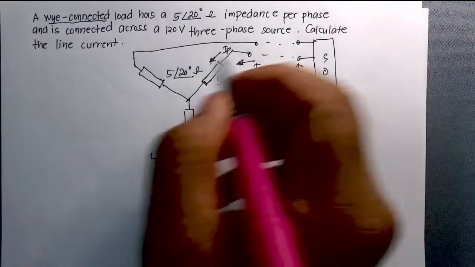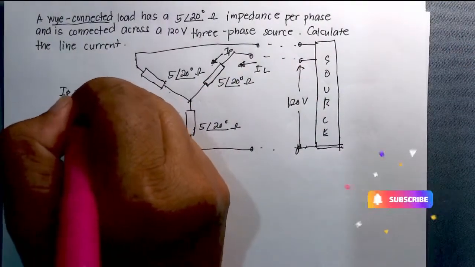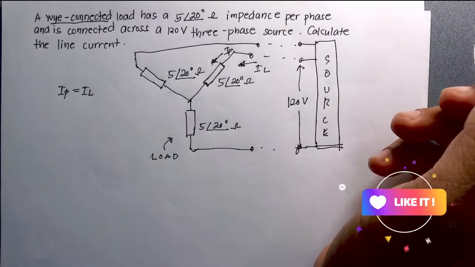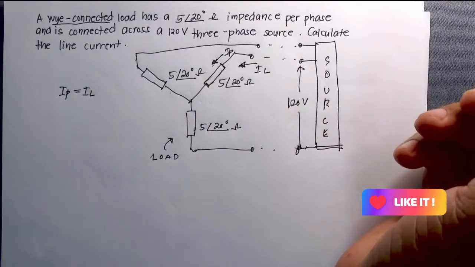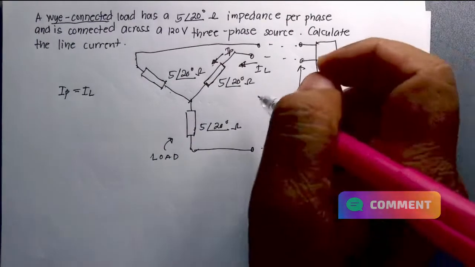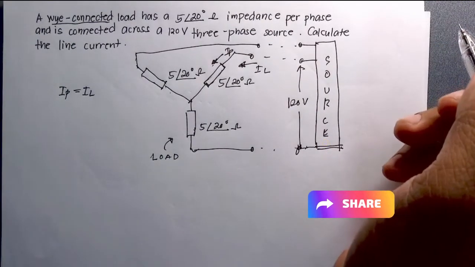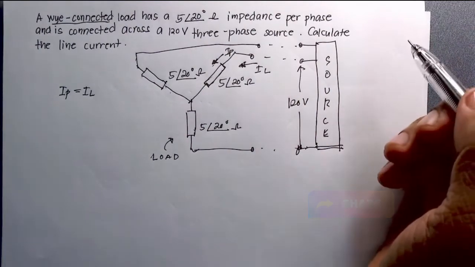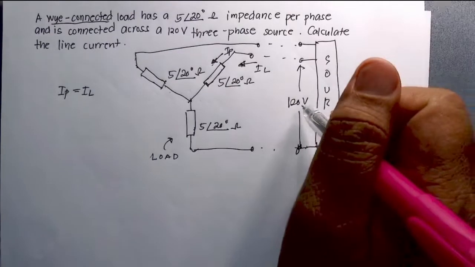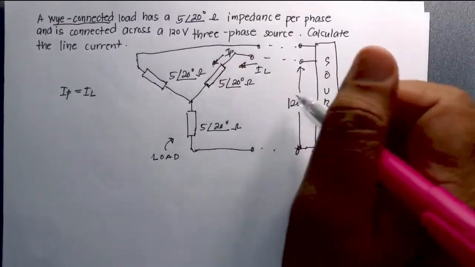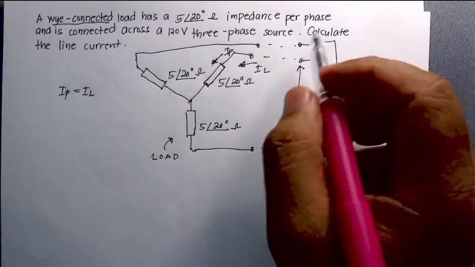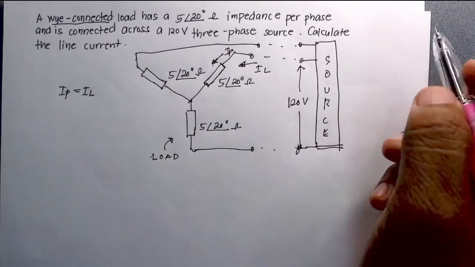So IP is equal to IL here. What makes it different is the voltage. But since we are looking for the current, and the voltage supplied and the impedance are given, we are to solve for that.